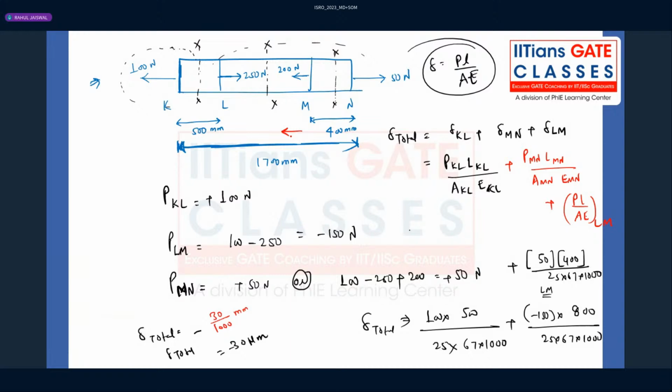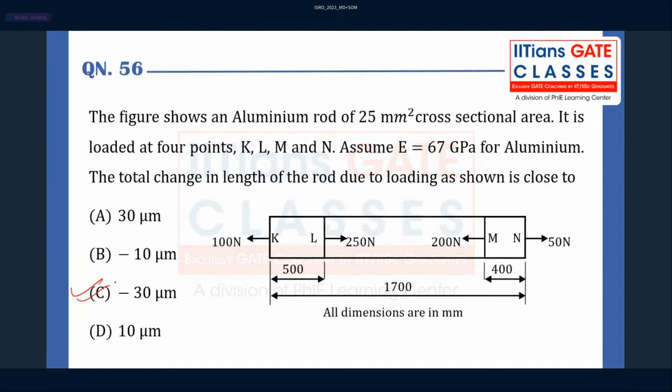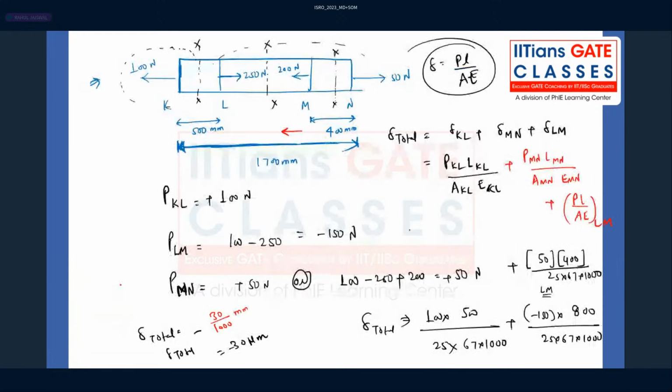All of you are getting the same answer. Check it out. Minus 30. All of you are getting minus 30. Are you getting minus 30?